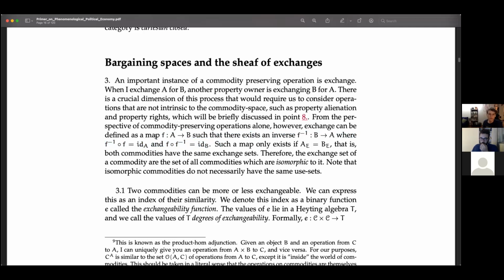Would the reversibility not just be the existence of the inverse? Yeah, but the problem with the inverse here is that it implies the use and exchange set, doesn't it?